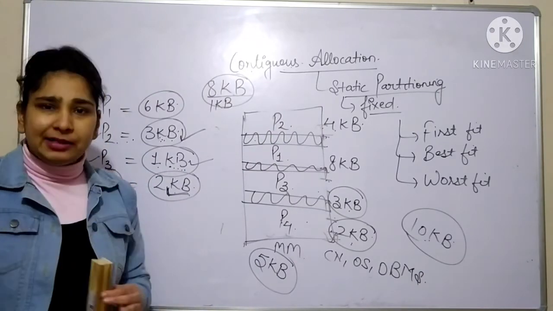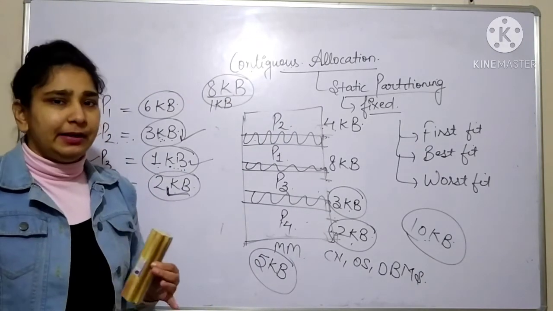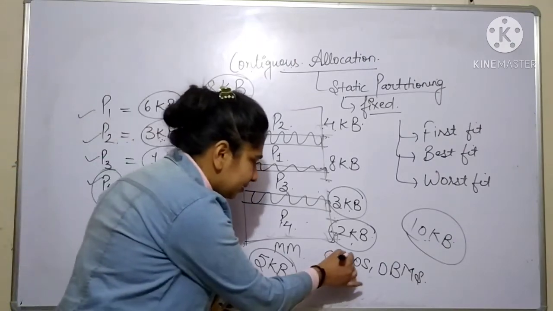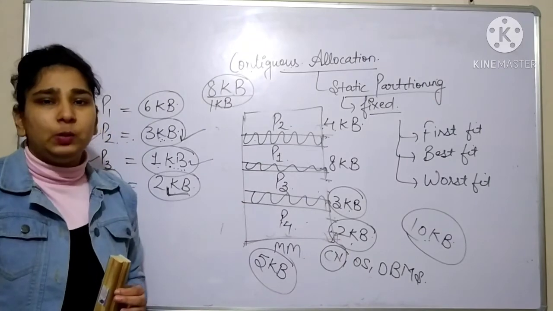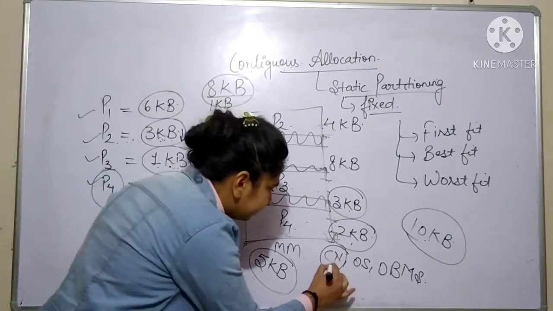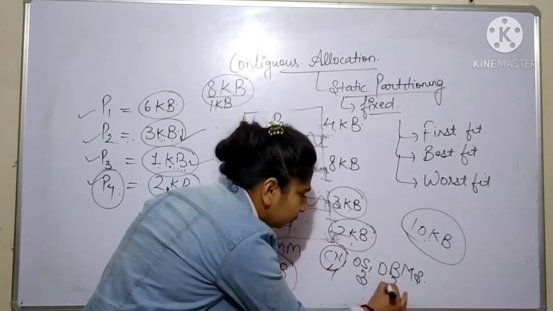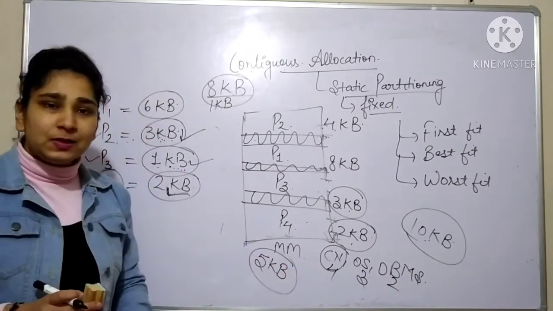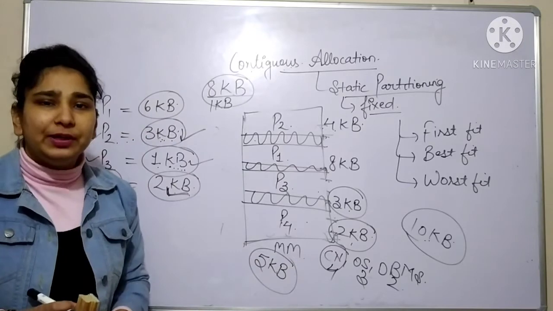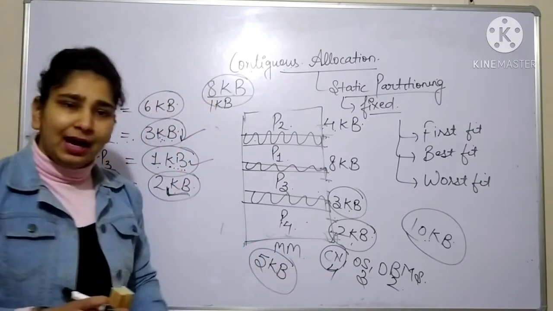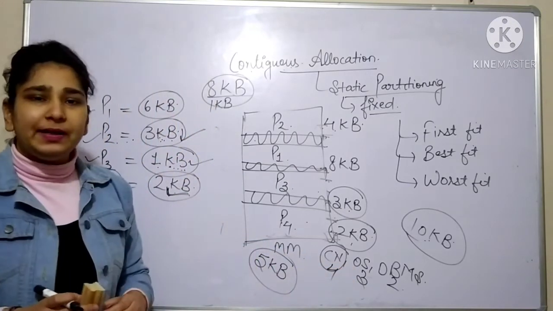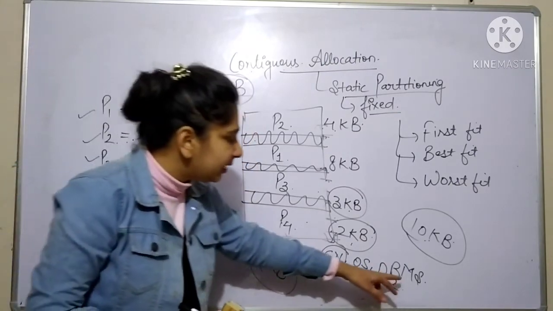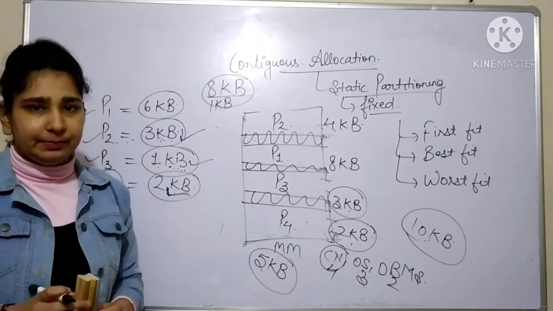In static partitioning, I have divided my hours for how many hours I will be studying computer networking, like this 4, 3, 2. 3 hours I will be studying operating system, and for 2 hours I will be studying database management system daily.